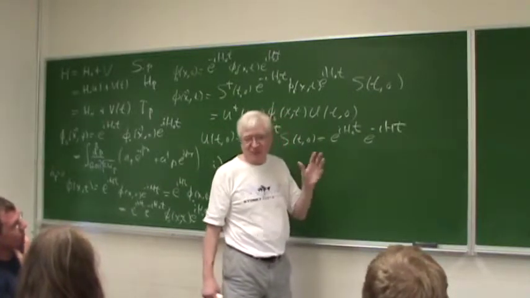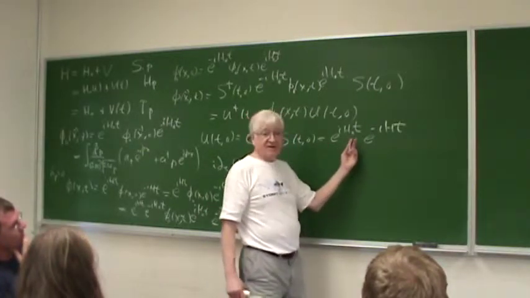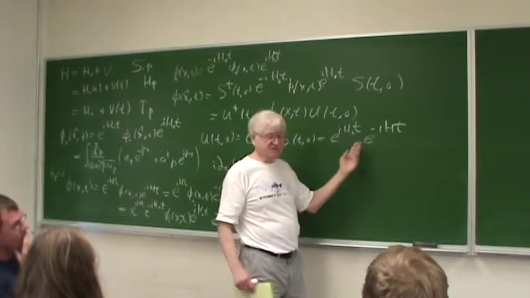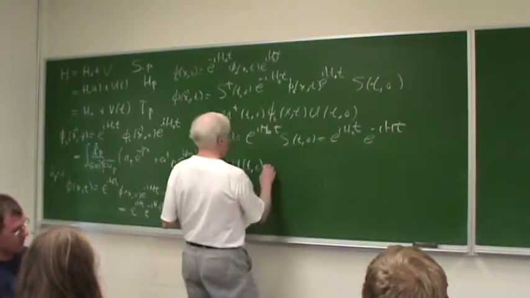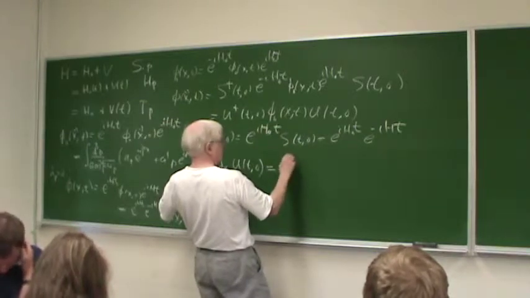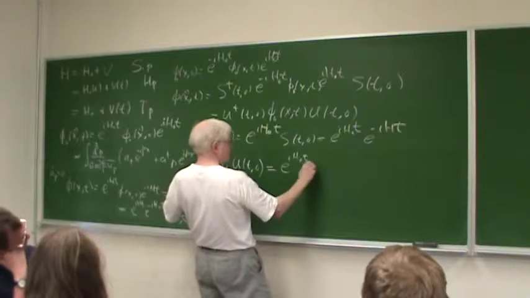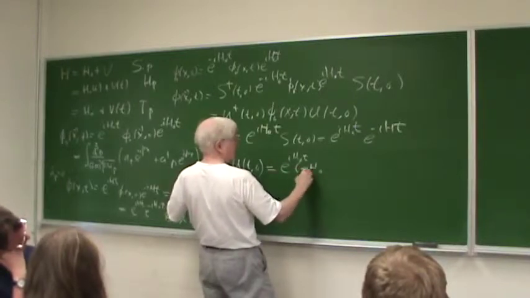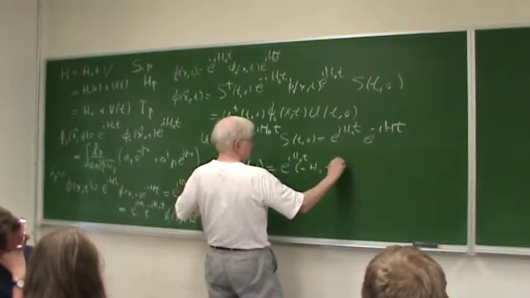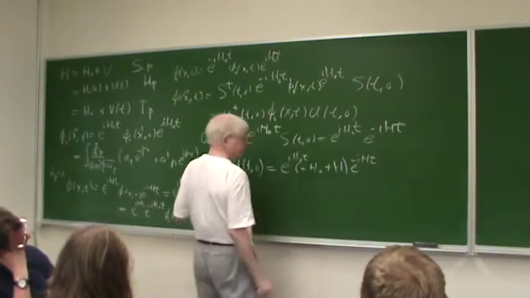In other words, to make progress, they're all correct ways, is to bring both of them down in the middle between the two exponentials. And so then this gives us e to the i h0 t, then you get 2i, so you get minus h0 plus h, e to the minus i h t.